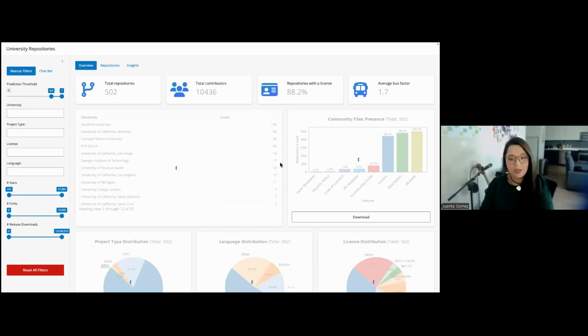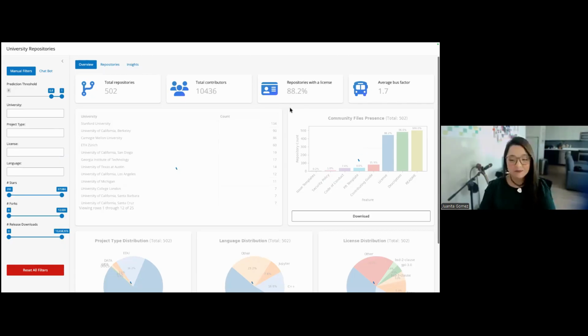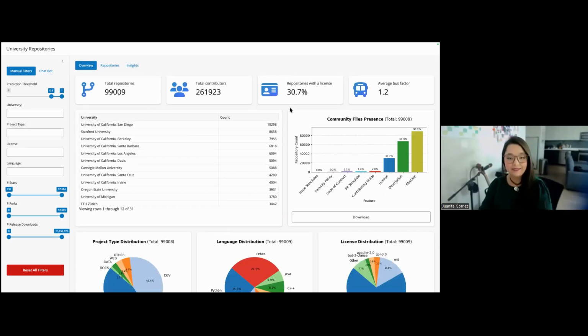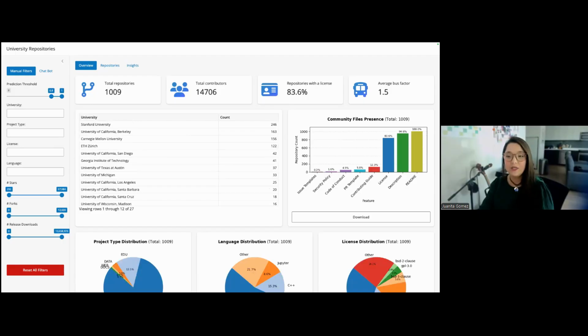But for example, here, more than 292 stars, it will show you the projects with more than 292 stars. It's loading. Again, it's slow. Okay, yay. 1,000 projects. The average plus factor increases a little bit, and the repositories with license also increases a lot.